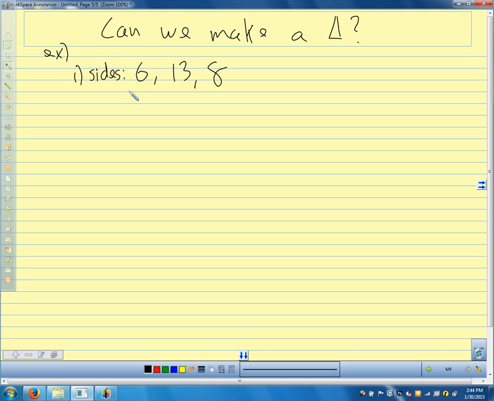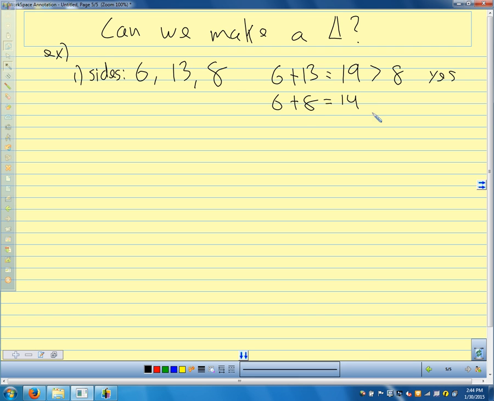So the way we look at this is we think, is this going to work with the triangle inequality? So we say 6 plus 13 equals what? 19. Is that bigger than 8? Yes. 6 plus 8? 14.